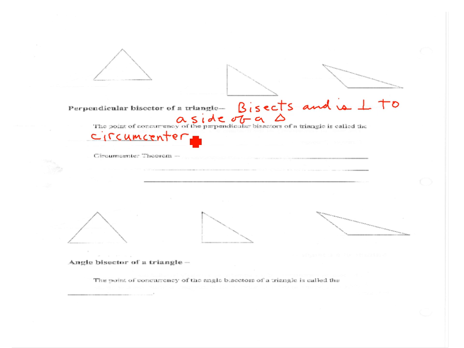If I draw these in, the perpendicular bisectors here for this right triangle, something like that, looks something like that, something like that. That should be a right angle. That should be a right angle. And that circumcenter is right there.